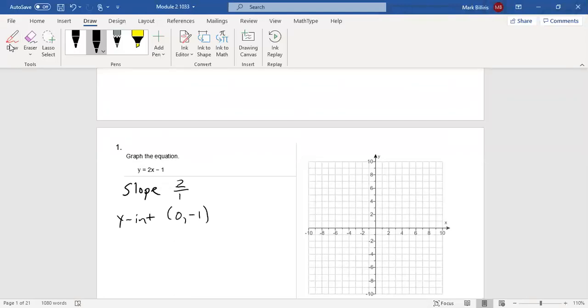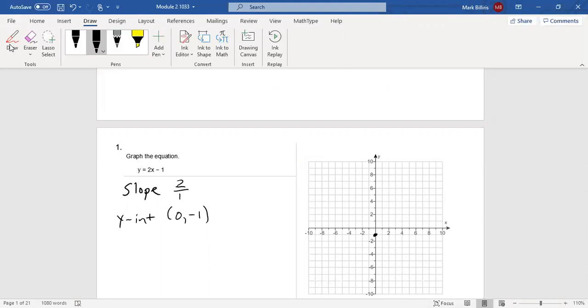So to graph, I start at my y-intercept. So remember, on my y-axis, that's my vertical axis, I place a point on negative 1. My slope is 2 over 1. It's a positive 2 over a positive 1. So from that starting point at negative 1, the change in the rise, which is my numerator, is 2.